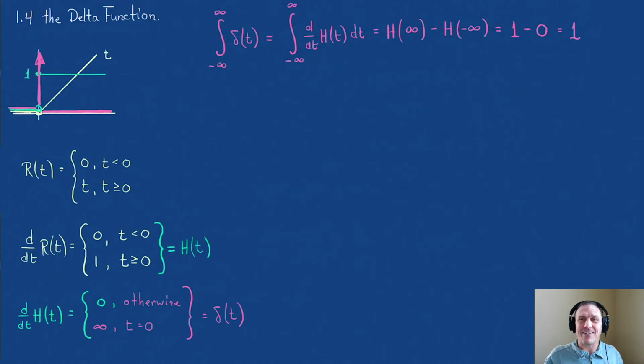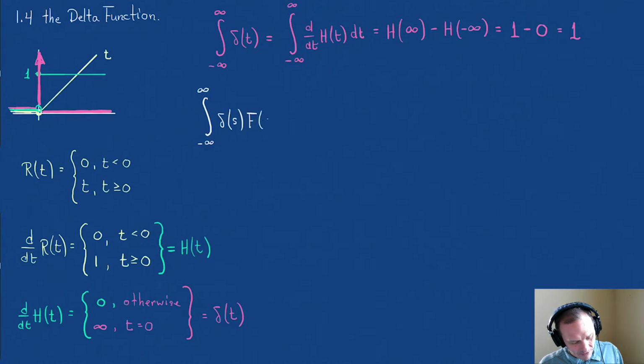That is, how do we find the solution to our differential equations? Well, a few things happen. The first one is we need some definition. So let's do this. If I have the integral from minus infinity to infinity of the delta function of s, times some function, we'll call it capital F of s ds. Now, this is what we think about.